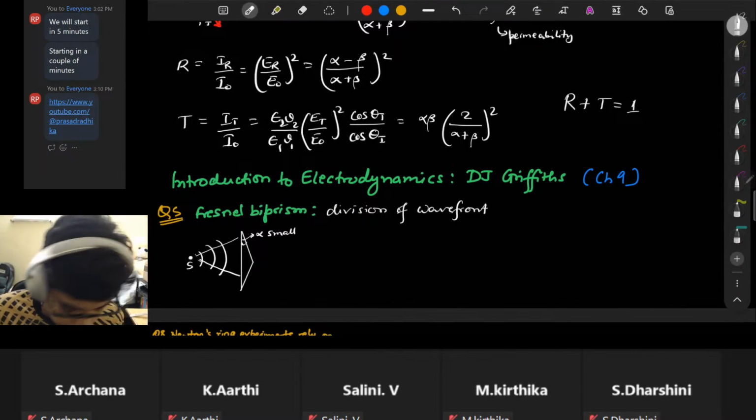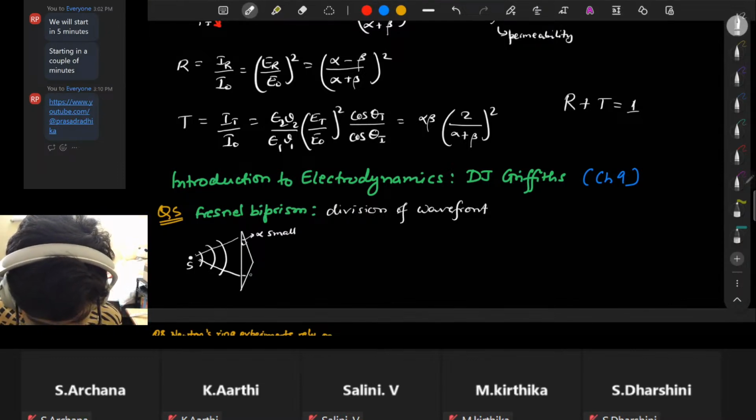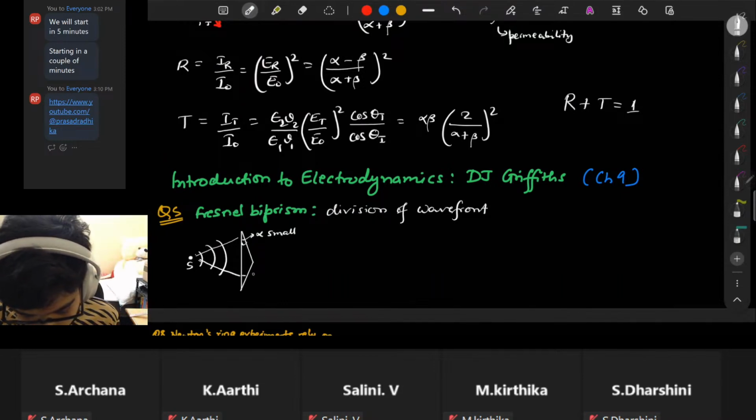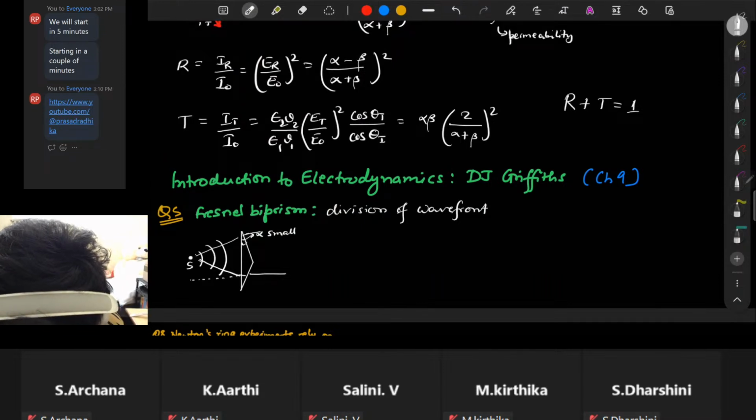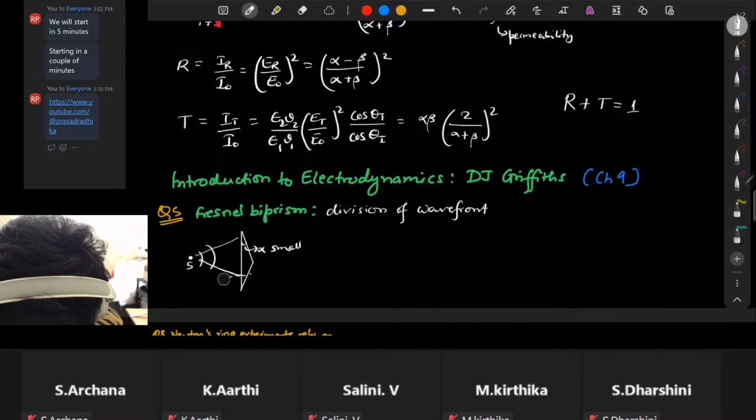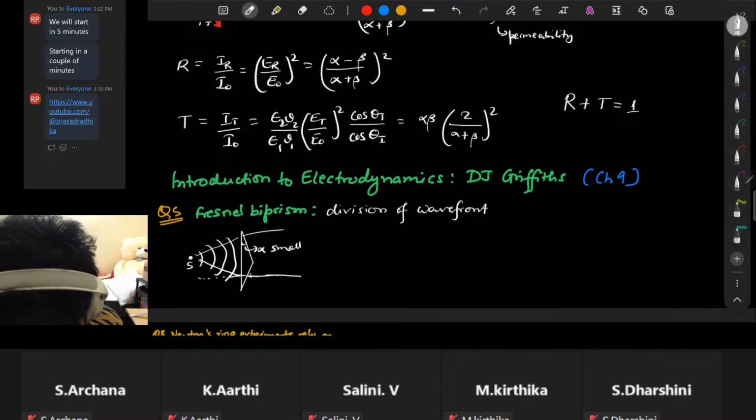So these rays come, and due to refraction by the prism, it appears as if the rays are coming from some virtual sources, S1 and S2.